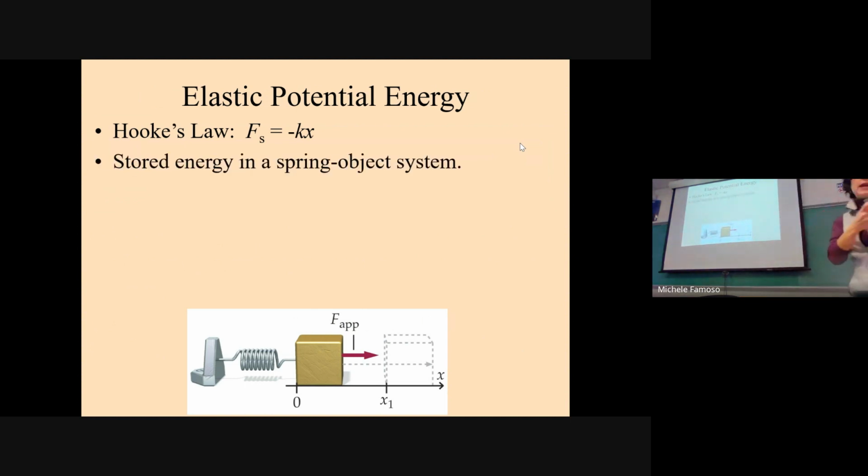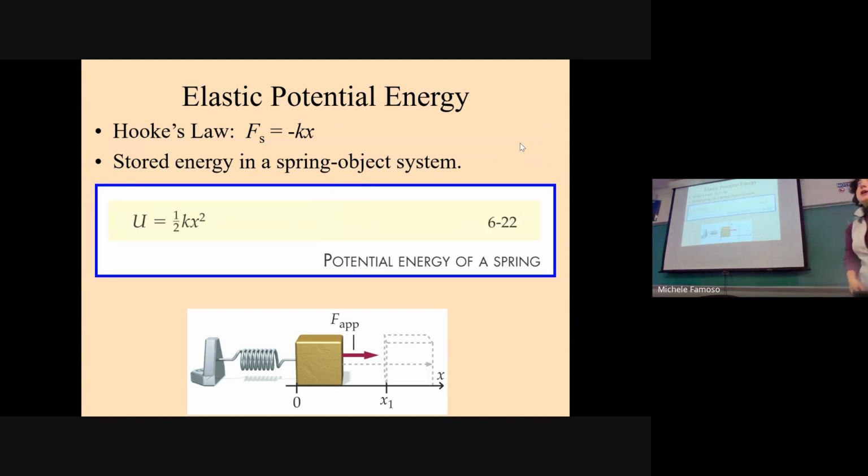Now, elastic potential energy refers to the stored energy in an elastic system. Things are stretching. It doesn't have to be a spring, as long as things stretch. Now we're not using a PE again. We're using a U, but we are going to add subscripts. So this type, elastic potential energy, would be Us. Gravitational potential energy is Ug.